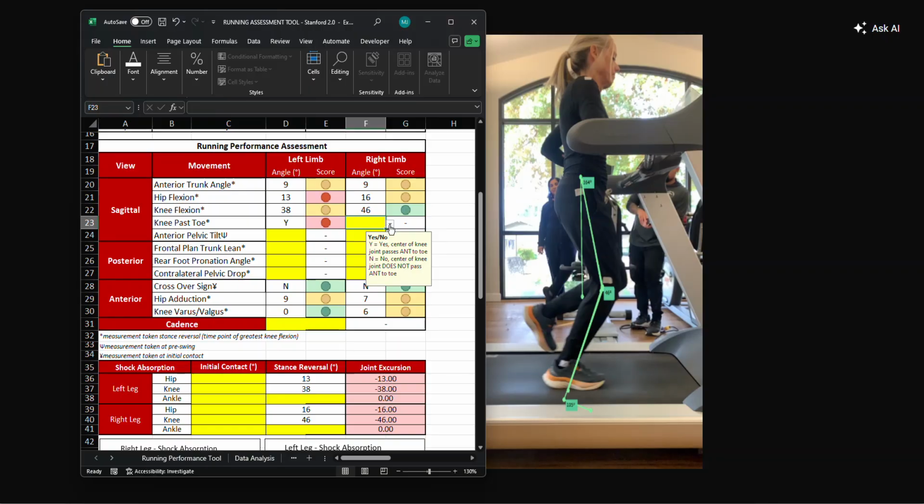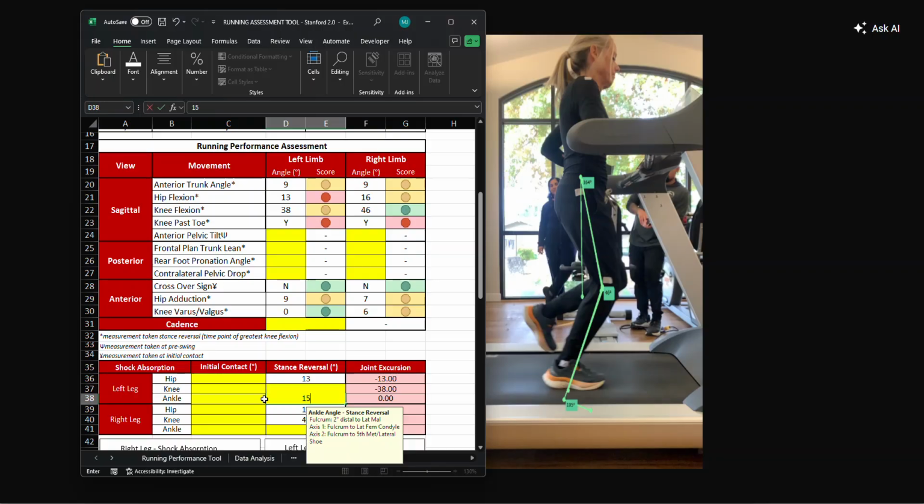In knee past toe, we would say no for this. If we go center of knee joint, drop it down, actually, I take that back. I think it's consistent with the other side. Anterior pelvic tilt. So stance reversal, the angle of dorsiflexion that we're in, as I mentioned, was 105, and that's where this angle goes.